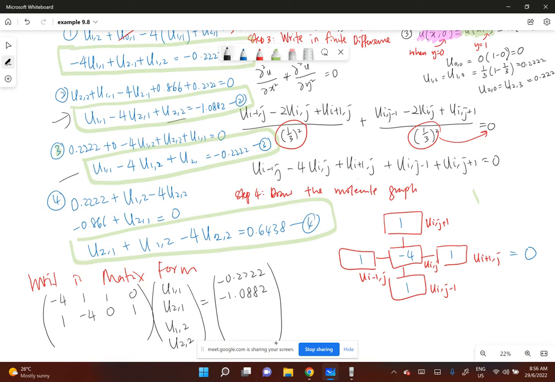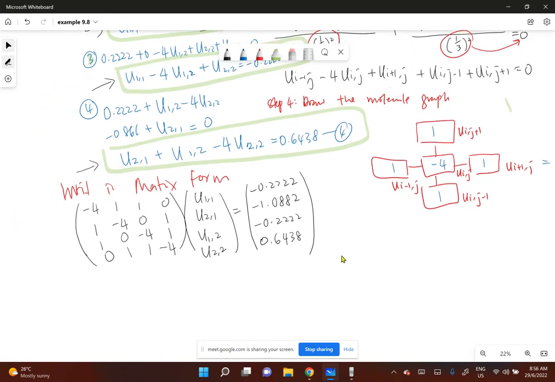And then the third one: U11 is 1, U21 we don't have, U12 negative 4, U22 is 1, equal to negative 0.222. And the last one: U11 we don't have, U21 is 1, U12 is 1, U22 is negative 4, equal to 0.6438.